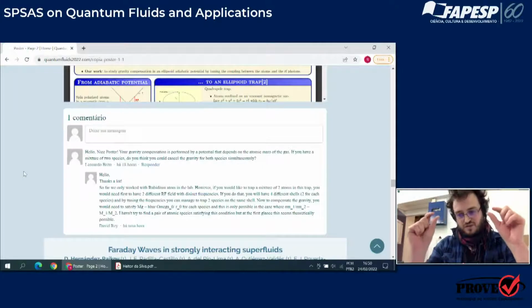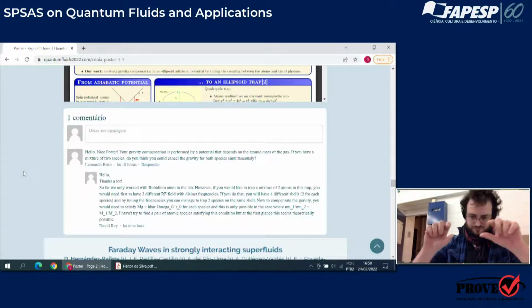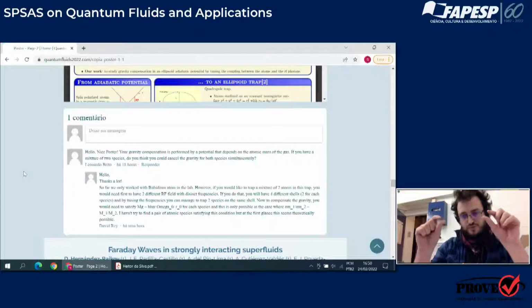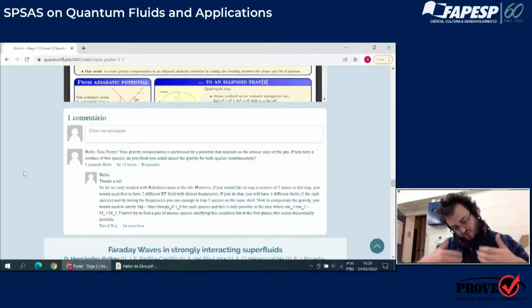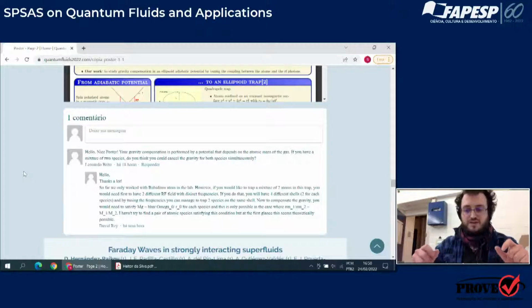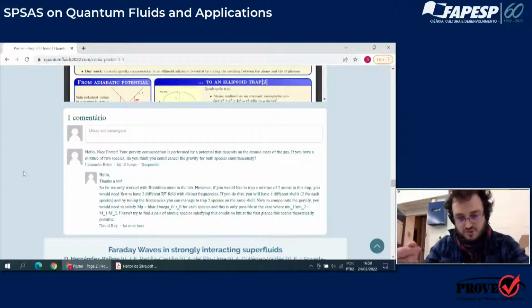And by doing this, you can tune the RF fields in order to trap both species on one common shell. That would be a basic idea in order to get both of the species in one of the bubbles.